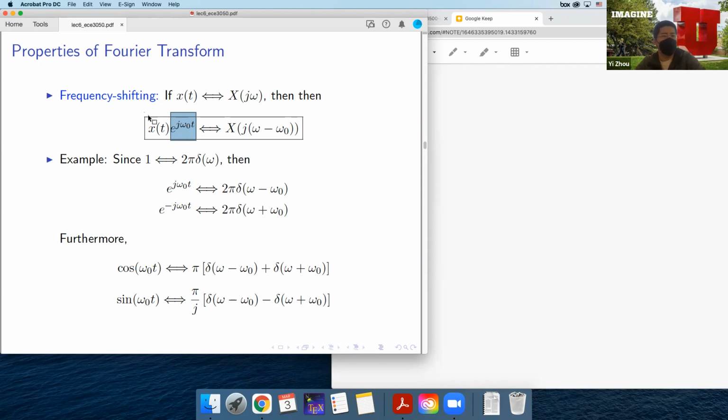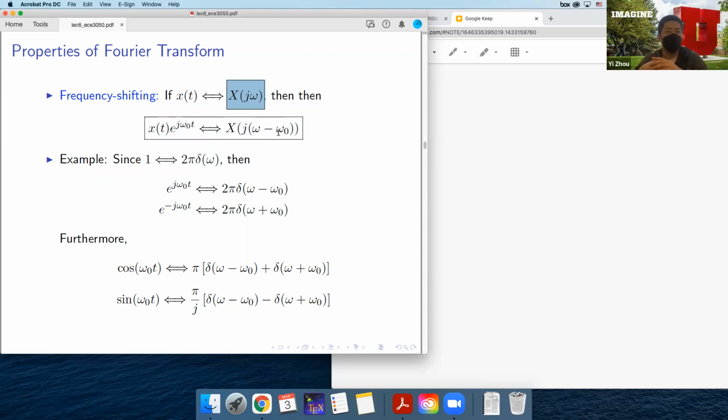We multiply the signal of interest by such a complex exponential signal, and the spectrum of the resulting signal is given by shifting the original spectrum by omega naught in the frequency domain.